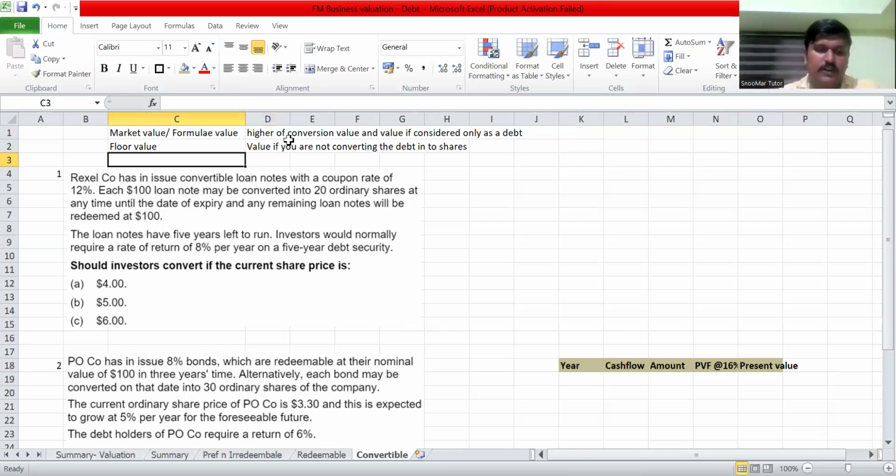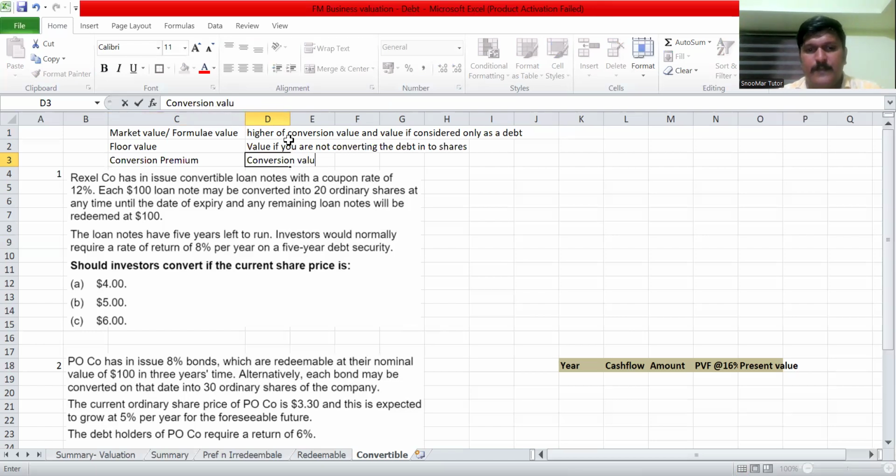Now the other one is the conversion premium. Conversion premium is nothing but your market value minus the conversion value. What is the conversion value?